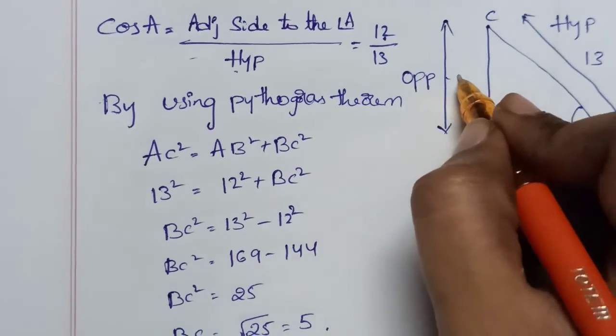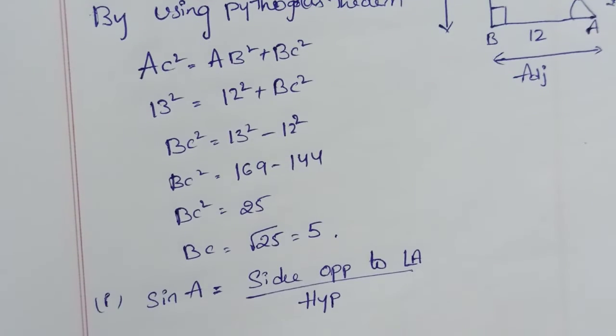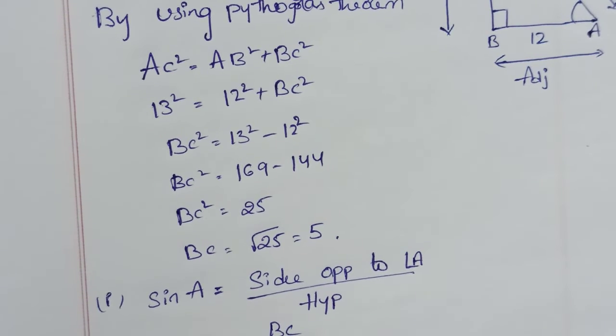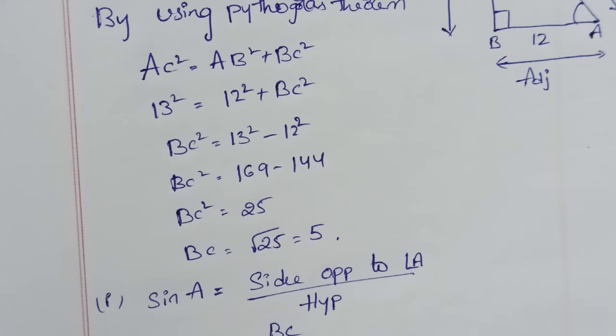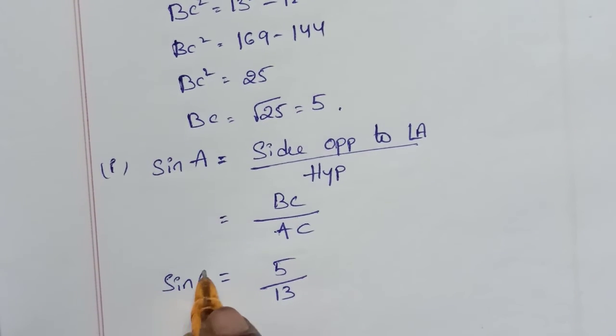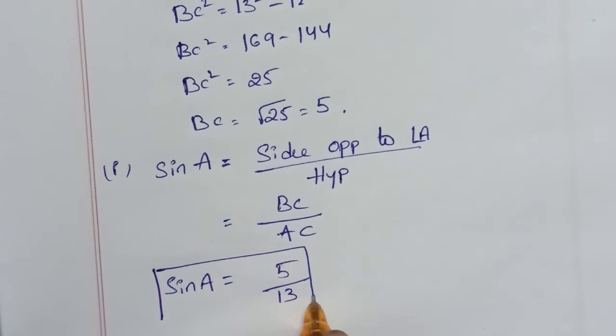BC length is 5. BC by hypotenuse AC. 5 by AC length is 13. Therefore sin A is equal to 5 by 13.